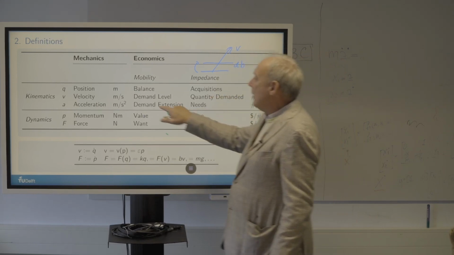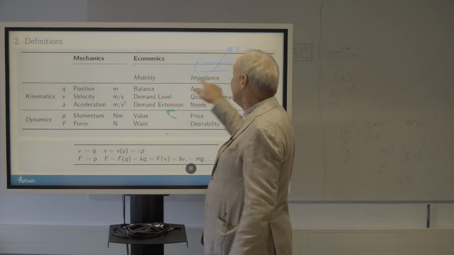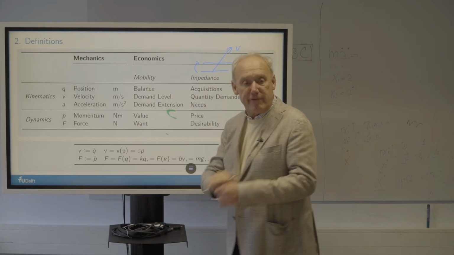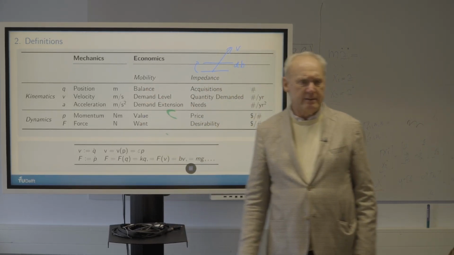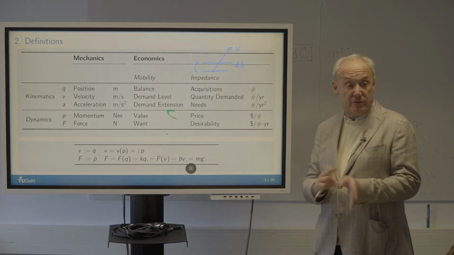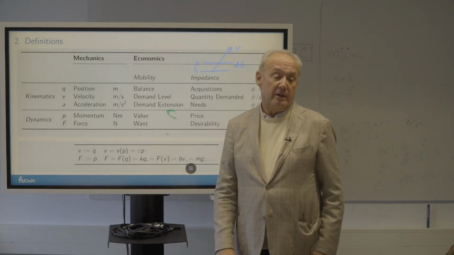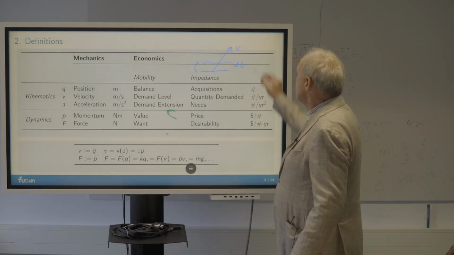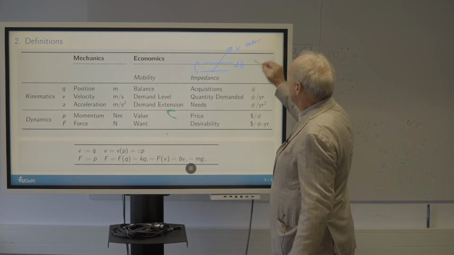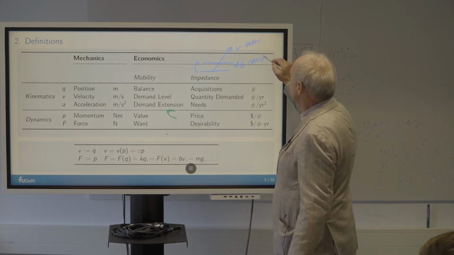The other way around, when this is a change in level, then this has to be a flow of value. This is the natural pairing of two variables. Sometimes this is called a vector, and this is called a covector.